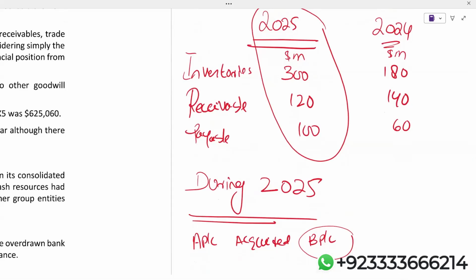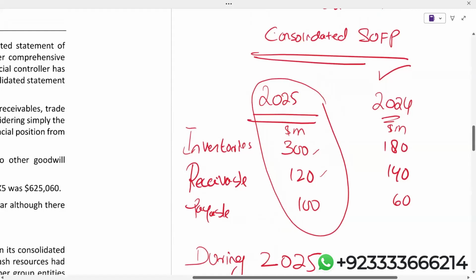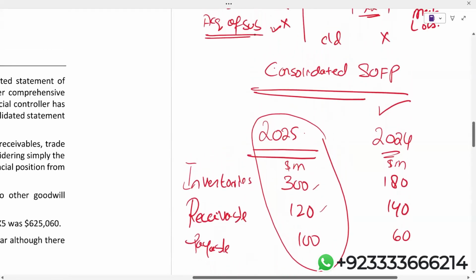So the impact of acquisition of subsidiaries is included in 2025 balances. It is not included in 2024 balances, because in 2024 I did not acquire this subsidiary. I acquired it during 2025. So the impact of acquisition of BPLC is included in 2025 balances, which are the closing balances for me.